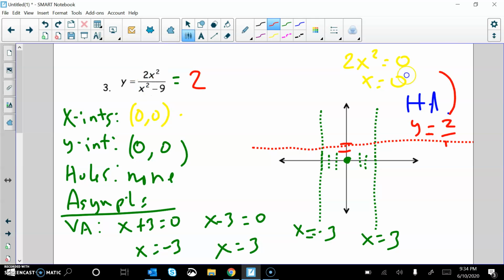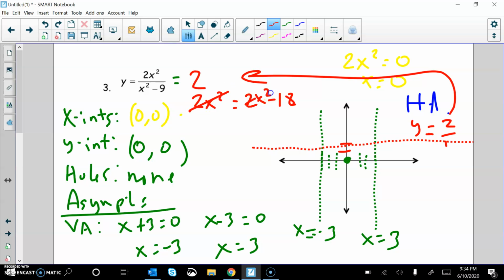So I'm just setting it equal to this value there. Let's solve this guy. So multiply both sides by x squared minus 9. So times 2 times 2. Those cancel. We get a false statement. So it'll never cross that value. It's never equal to 2. So we're good. Let's make a table.